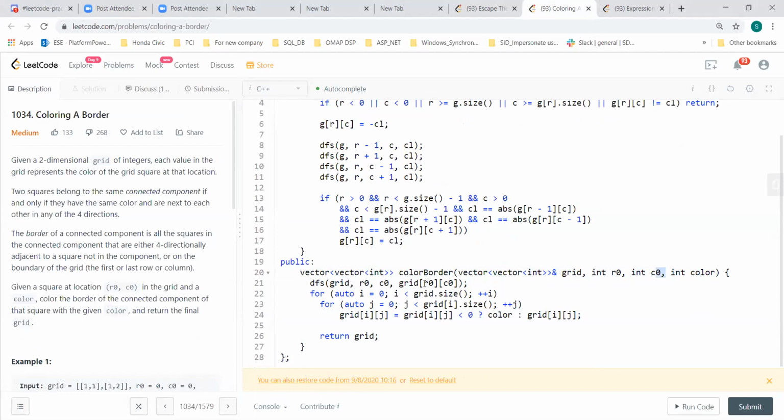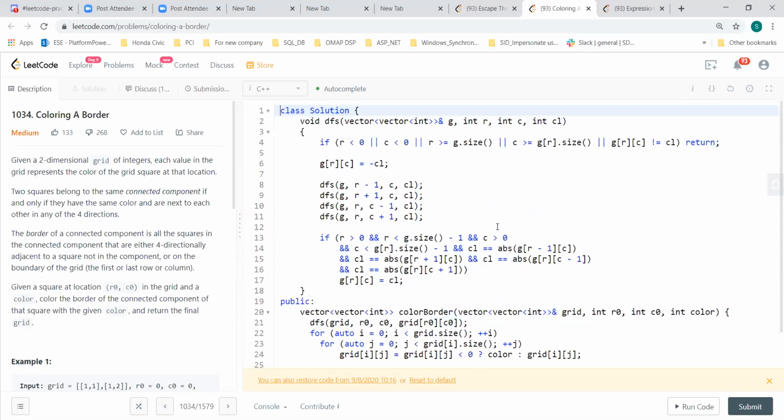Then I'm entering the DFS and I will explain the logic later. In the DFS, this is the grid, these are the two coordinates and this is the color which is my current color. Where did I store my new color?